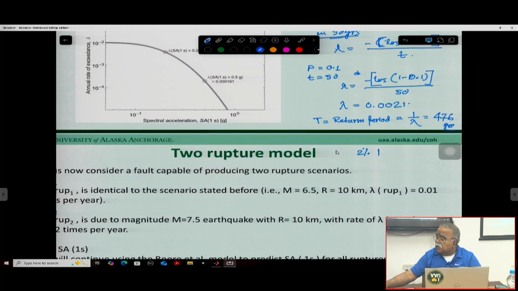Can you calculate what their return period is? 2% probability of exceedance in 50 years.